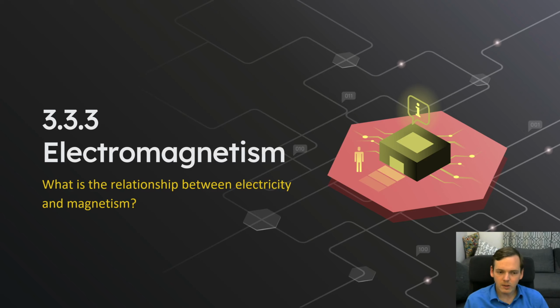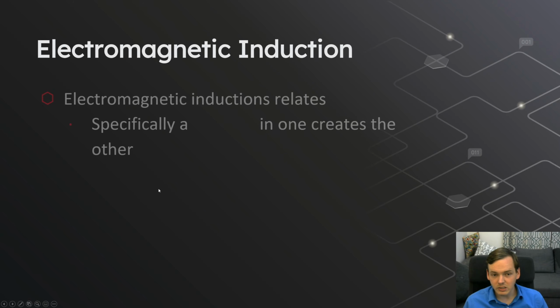In this video, we're going to look at electromagnetism, which is the relationship between electricity and magnetism. And we've already actually seen a bit about this. If you remember back in Unit 2, we looked at Faraday's law and electromagnetic induction. Electromagnetic induction is just relating electricity and magnetism.